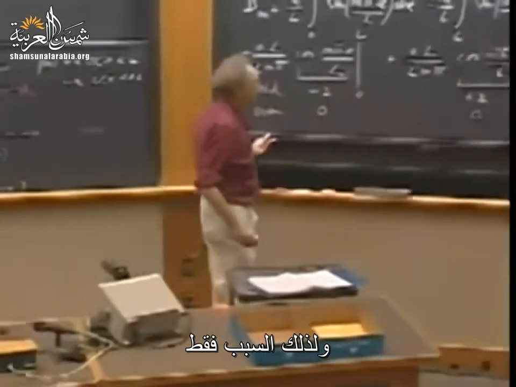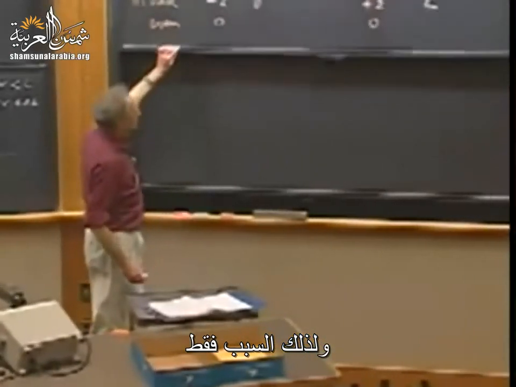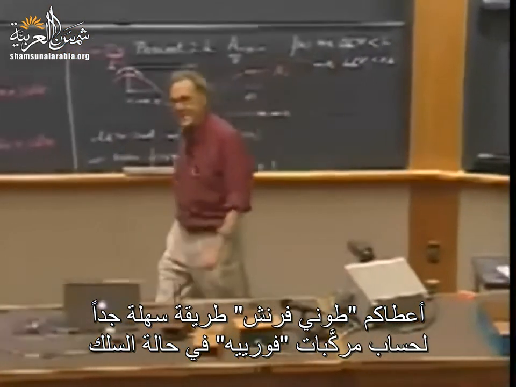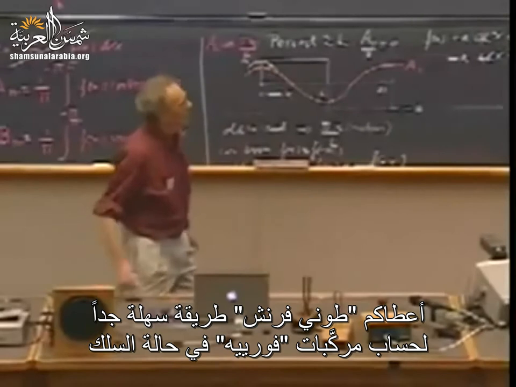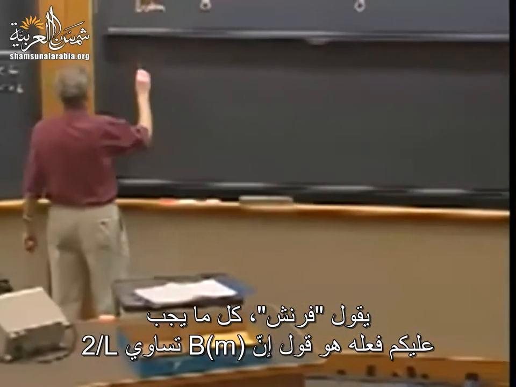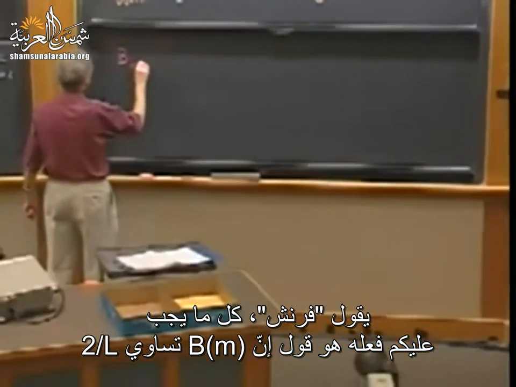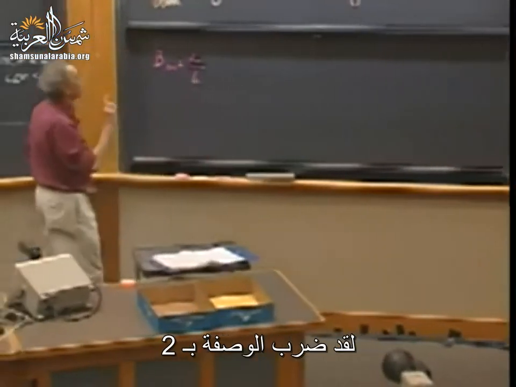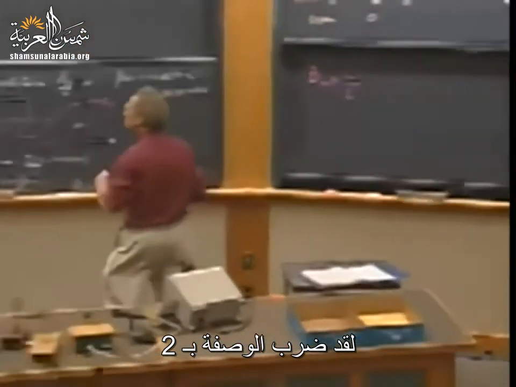It is for that, and only for that reason, that Tony French gives you a much easier way to calculate Fourier components in strings. And he says, all you have to do is say that B of m is 2 divided by L. He multiplied the recipe by 2.